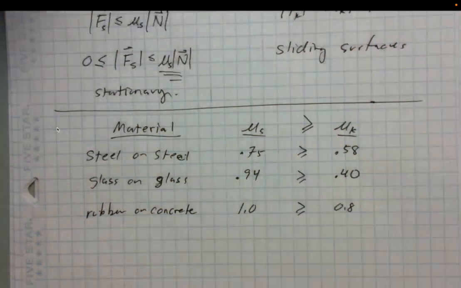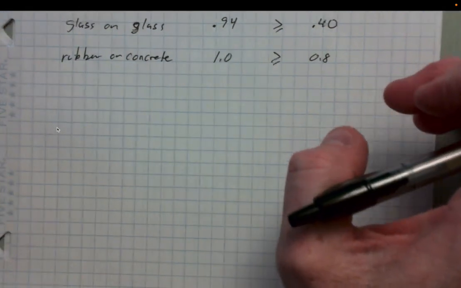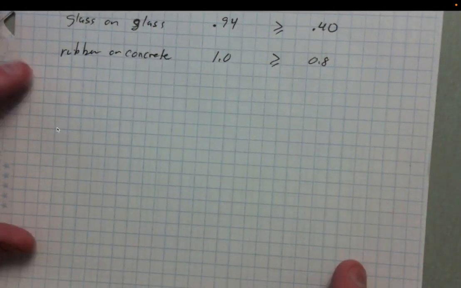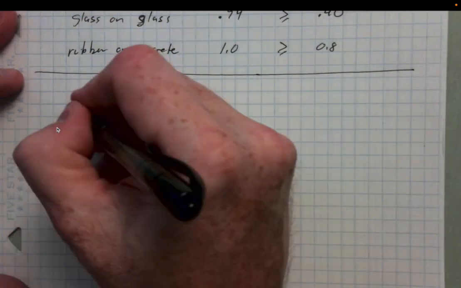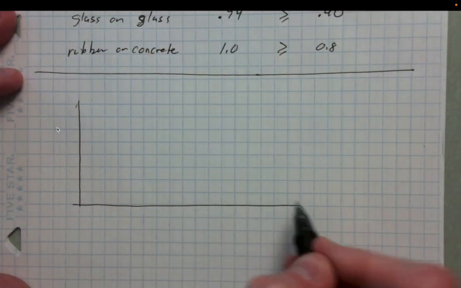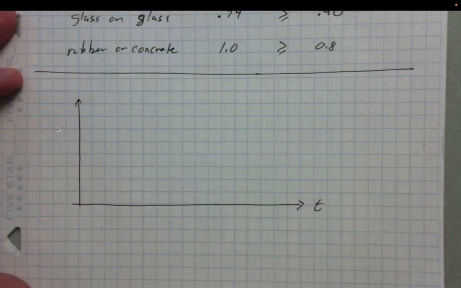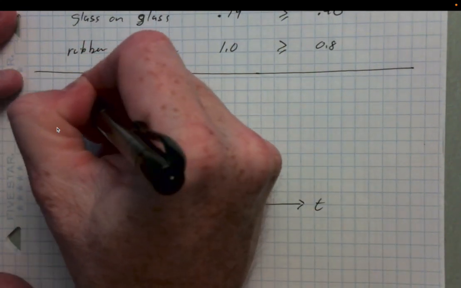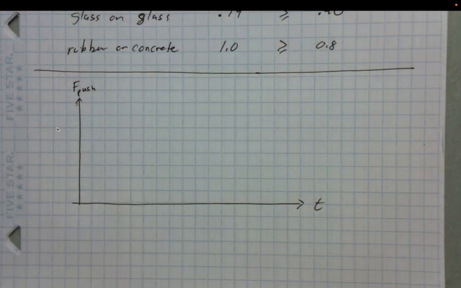Let's take a look at another chart that I want to use to underscore the relationship between these two types of friction and force. So let's imagine that I've got a chart here, and this axis is time, and then this other axis is some force that I'm applying, which I'm just going to call push. Let's imagine you've got a stationary object with a steadily increasing force.